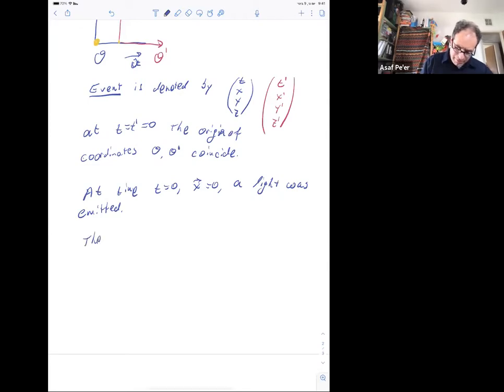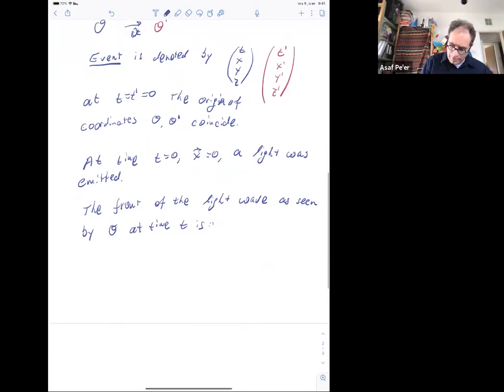The front of the light as seen by O at time t is at location x squared plus y squared plus z squared, which is equal to c squared t squared.